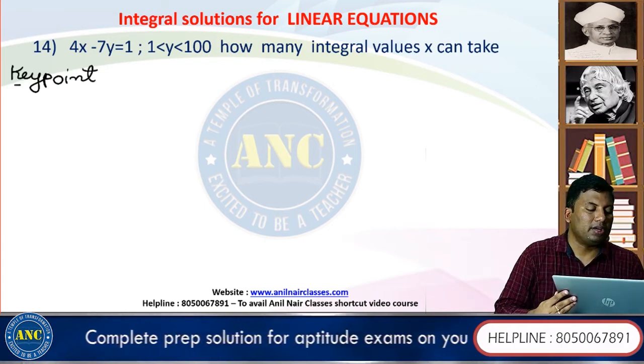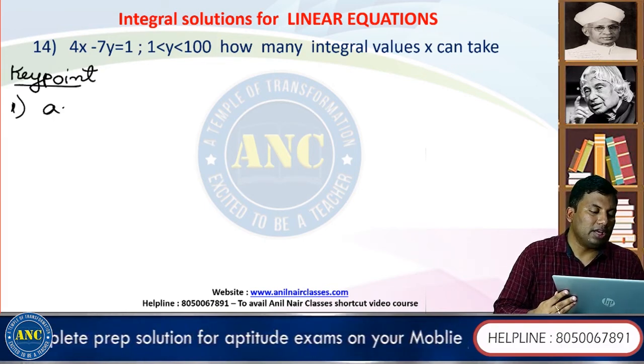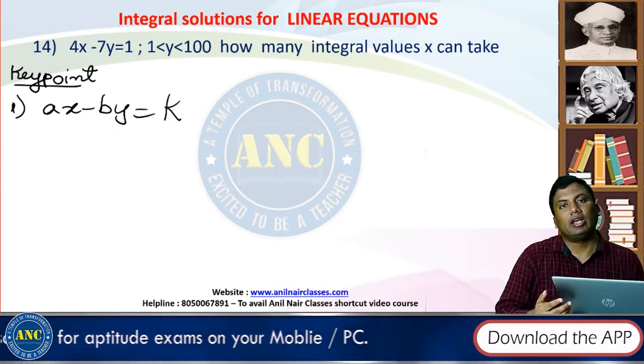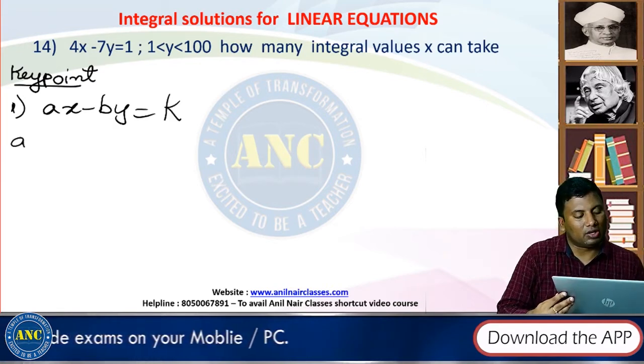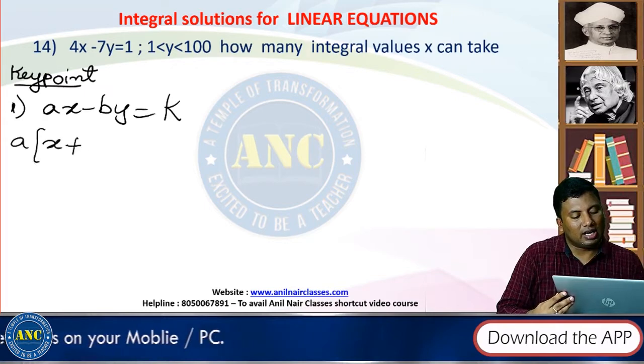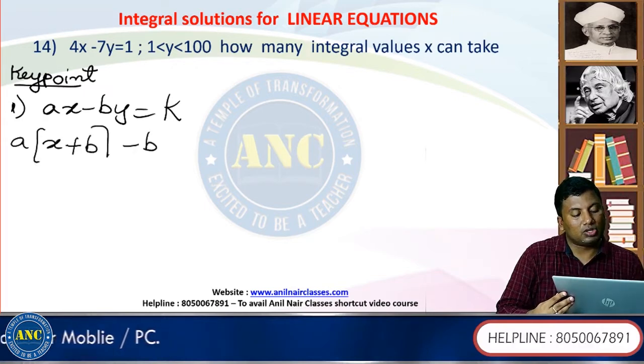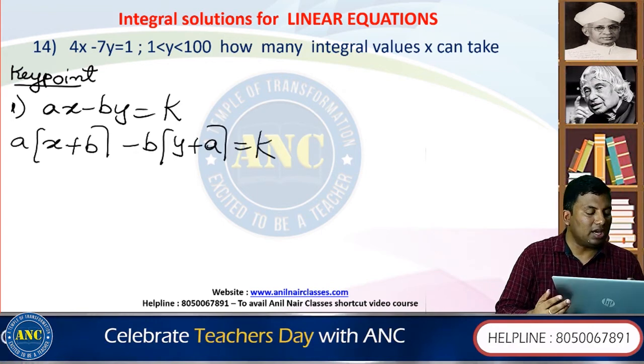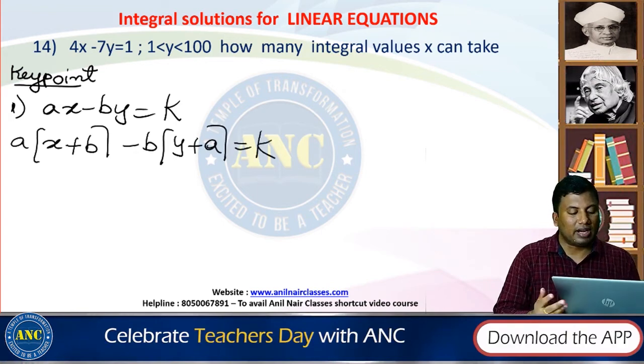Important key point. First thing, it is of the form ax minus by equivalent to k. If x is increased by b, y will also increase by a, because there is a minus sign. Plus ab and minus ab will get cancelled.